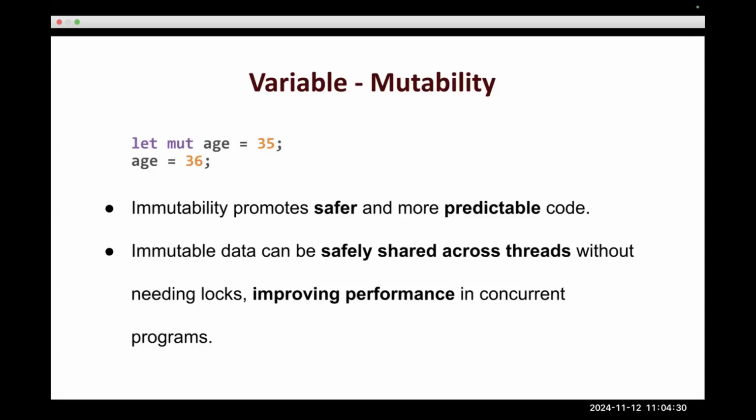So again, immutability promotes safer and more predictable code, and it's always a good thing to be more defensive on the programming side. And immutable data can be safely shared across threads.